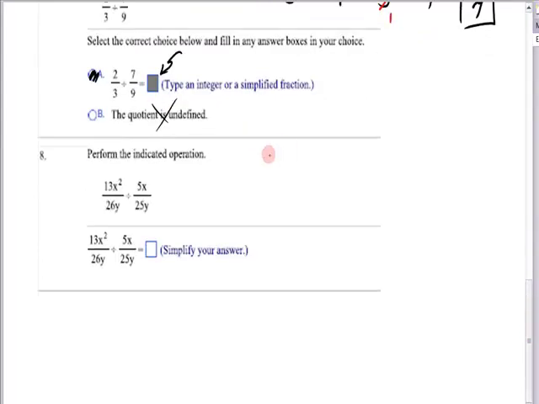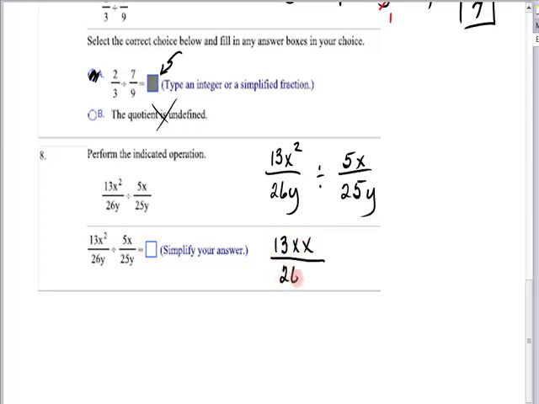Okay, last problem. 13x squared over 26y divided by 5x over 25y. Keep 13, and I'm going to call it x times x over 26y times 25y over 5x.